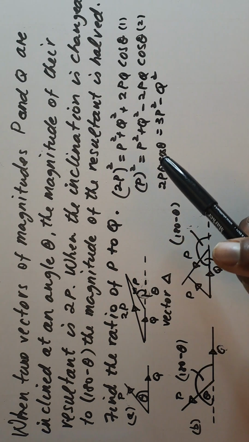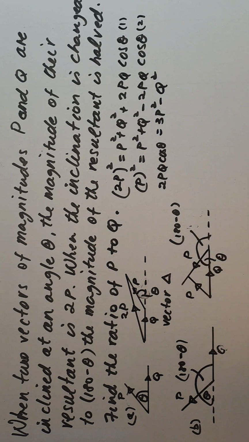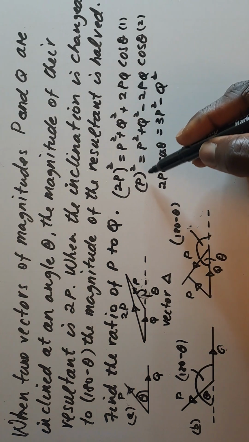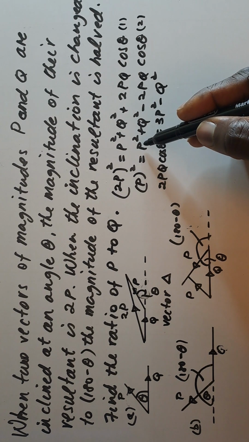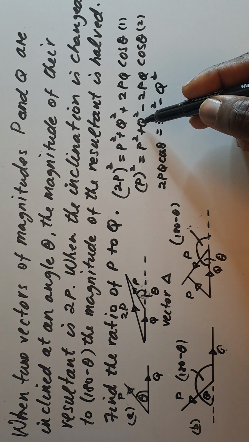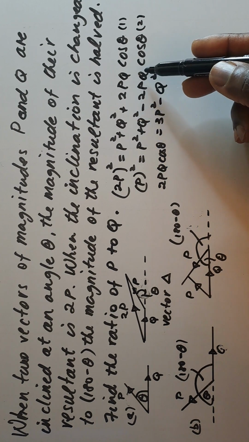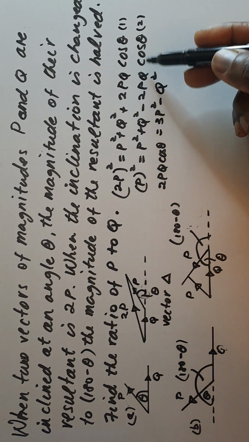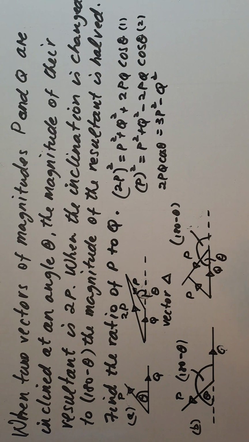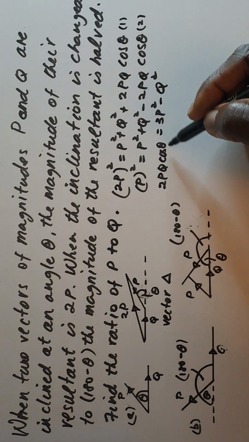Now, with equation 2, we rearrange: we have p squared here, which will cancel with this p squared. So all we'll have left is q squared on one side. And if we move this 2pq cosine theta over to the left, it becomes positive 2pq cosine theta.